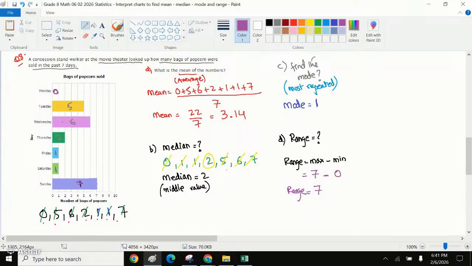And the range would mean the maximum sales on any given day minus the minimum sale on any given day. The range tells us the maximum difference between the maximum and the minimum. It could be a question about your test, like if you scored a maximum or a minimum score.